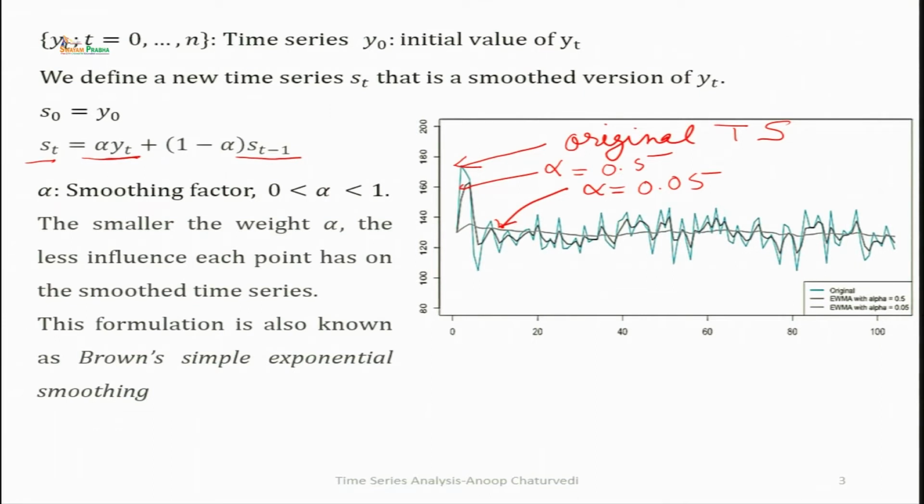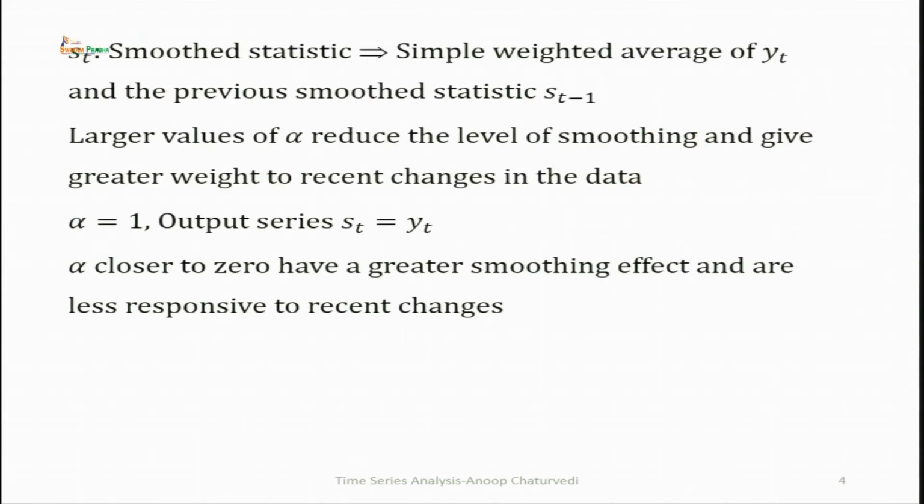This formulation is also known as the Brown's simple exponential smoothing procedure. S t is also known as the smoothed statistic, and it is, as I told you earlier, simple weighted average of y t and the previous smoothed statistic S t minus 1, and larger values of alpha reduce the level of smoothing and give greater weight to recent changes in the data.